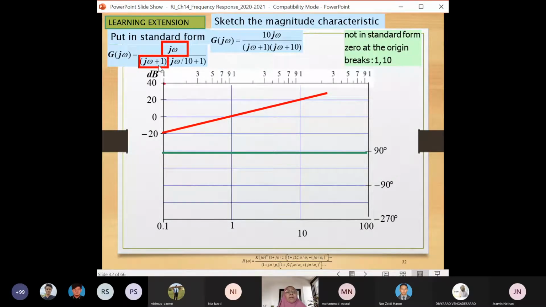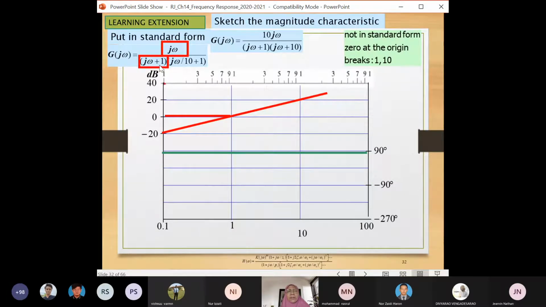For the poles, there are two poles. At turning point one, pole equal to 1. So here, prior to the pole is a straight line, but above the turning point of the first pole, it drops by negative 20 dB because it's a simple pole.